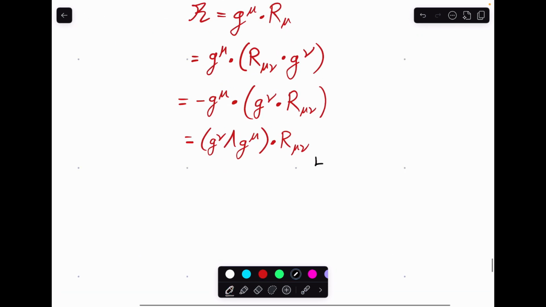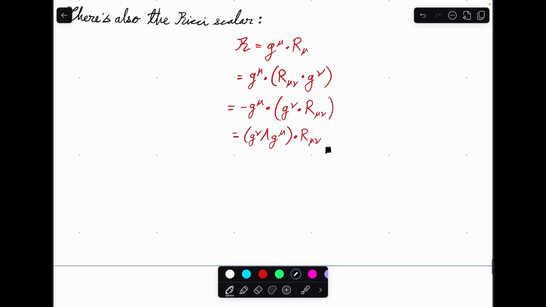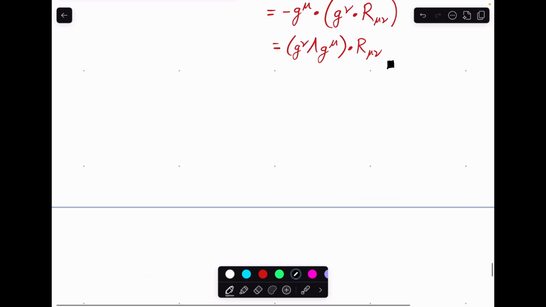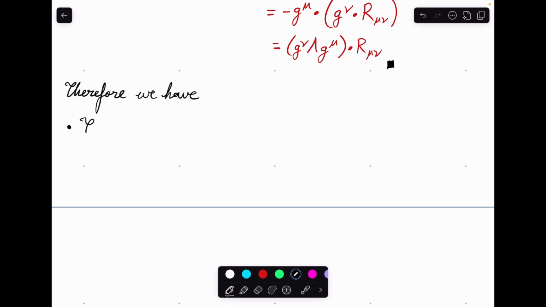Okay, and so now we have all of the curvature tensors that we need to discuss Einstein's equations. Let's summarize this though. So therefore, we have the following.